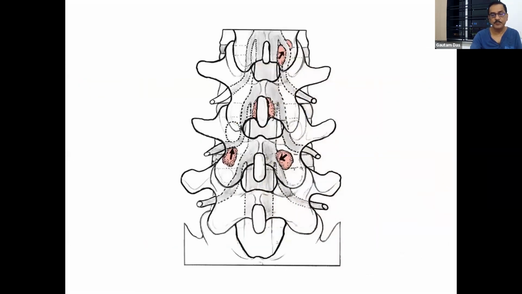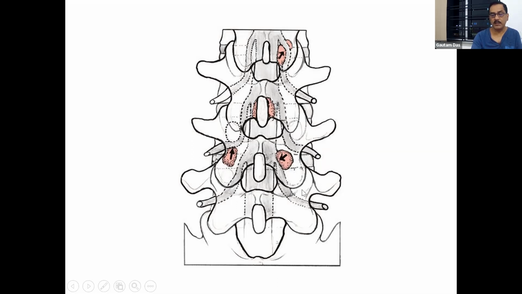So you see here, suppose this is your L5-S1 foramen. What is this nerve root? It is your L5. So this is your L4-5 foramen. What is this nerve root? It is L4. That means the L4 nerve root is exiting through the L4-5 foramen, and it occupies the upper part of the foramen. So where is the foramen?